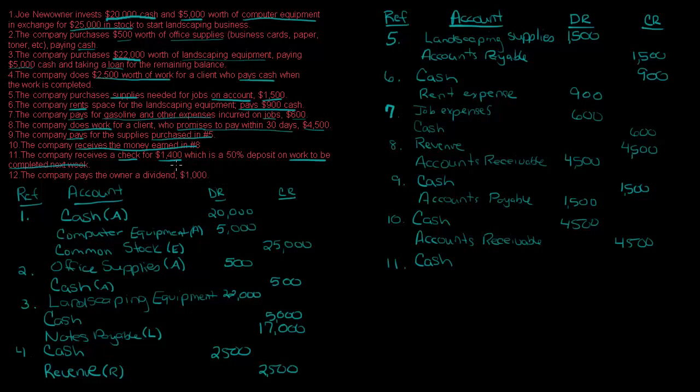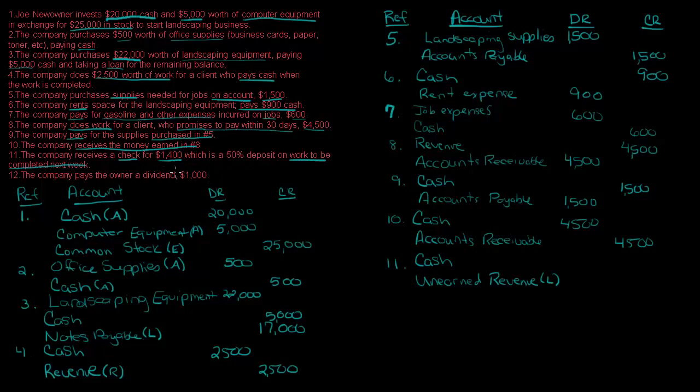So I received cash. Well, why did I receive cash? I received cash because I promised to do work next week, which means I have some type of liability. Because I got $1,400 and I haven't done anything for it yet. That liability is called unearned revenue, which means we got paid for something we have not yet done.